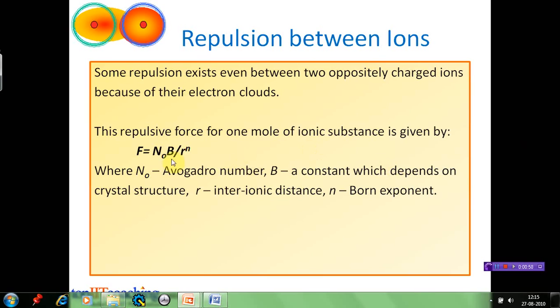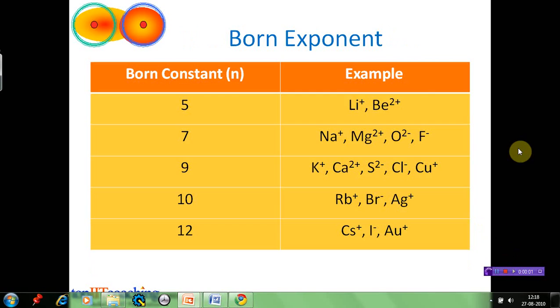This repulsion force for 1 mole of the ionic substance is given by F is equal to N naught B divided by r raised to n, where N naught is the Avogadro number, B is a constant which depends upon the crystal structure, r is the interionic distance, and small n is again a constant which is known as Born exponent.